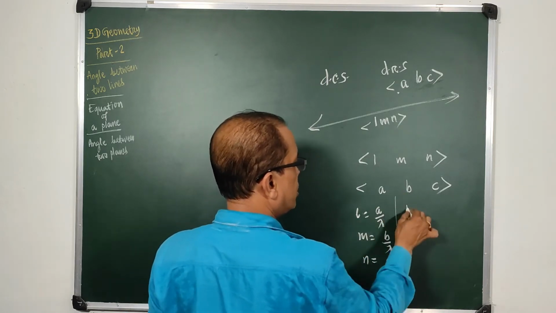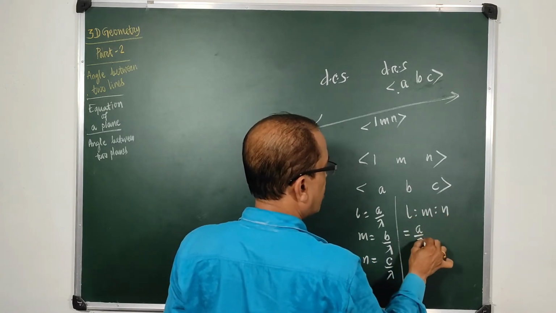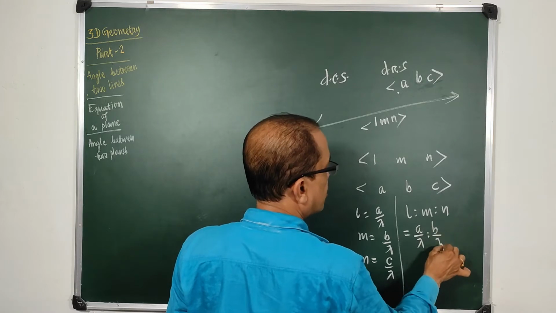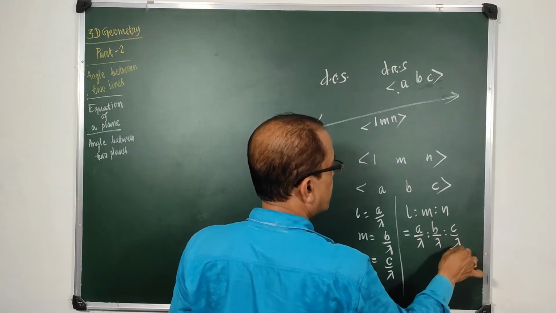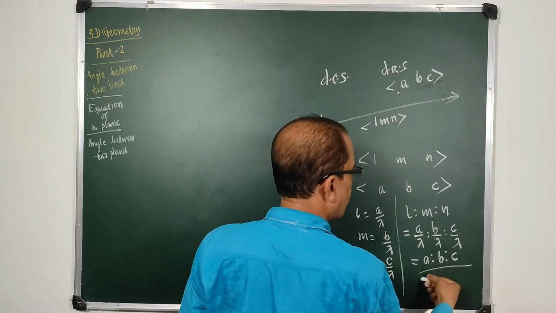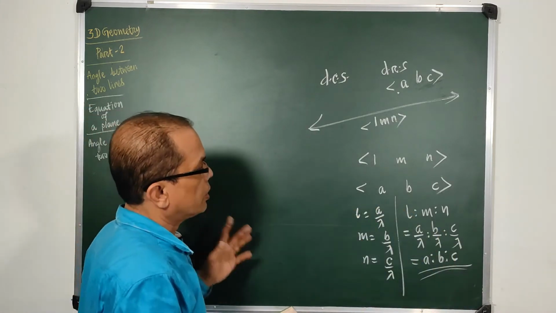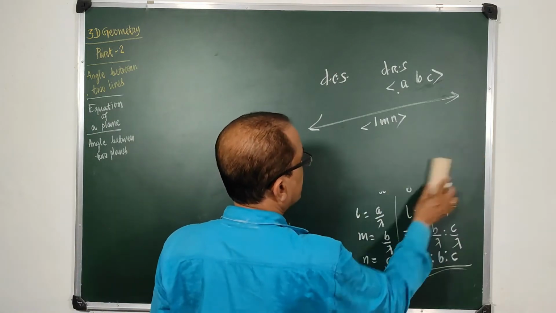And clearly you see l is to m is to n will be equal to a upon lambda is to b upon lambda is to c upon lambda, which is equal to a is to b is to c. So these are the whole number ratios of the values of l, m, n and they are linked with each other.